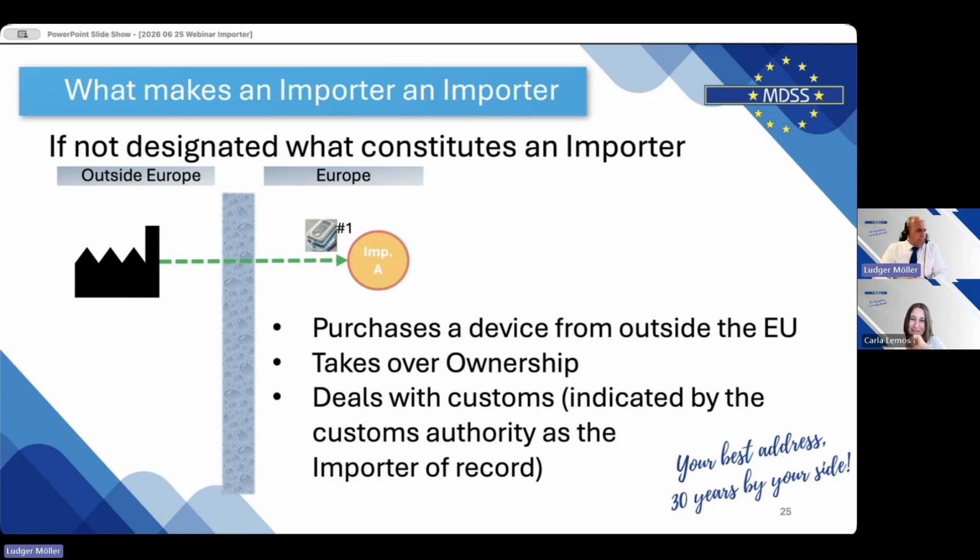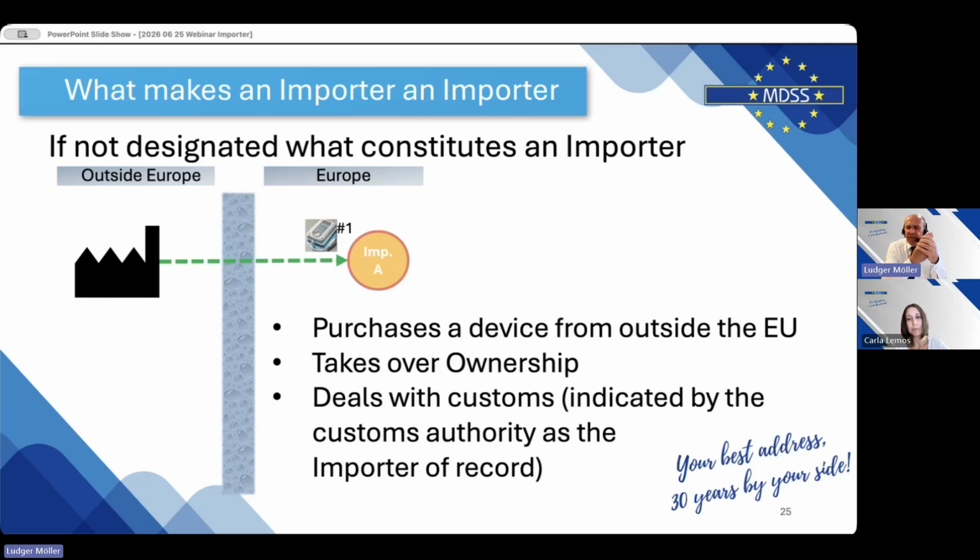Good question. So I don't think it's forbidden, but I would make the case: if I buy the product, I am on the records in customs, and I sell it to somebody, I fit very much the definition of this importer.